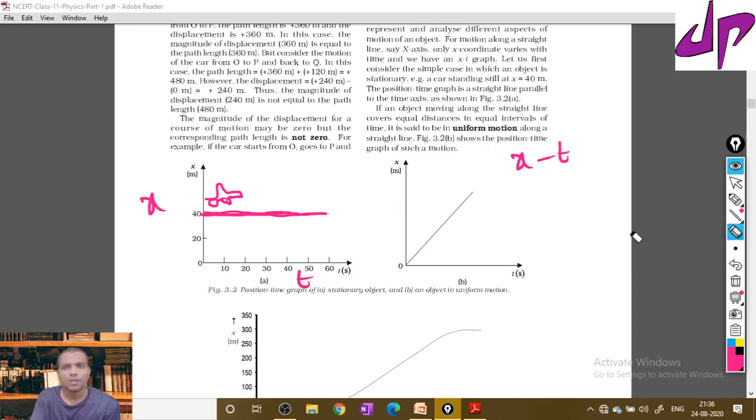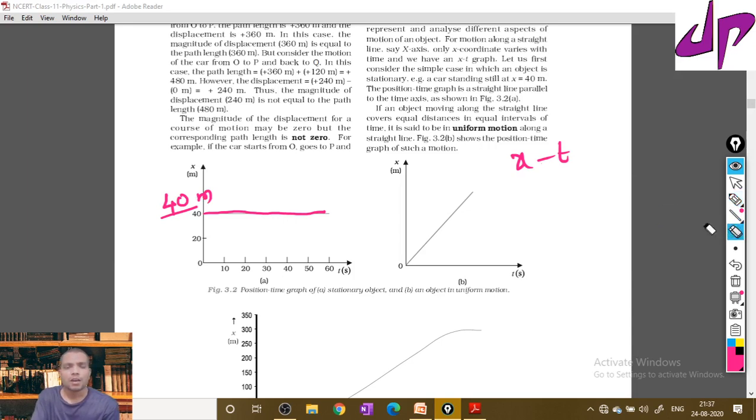If it is not moving, it is at the same position. Here you can see the time is increasing: 10, 20, 30, 40, 50, 60. But the location of the car is constant. The location of the car is at 40 meters only.